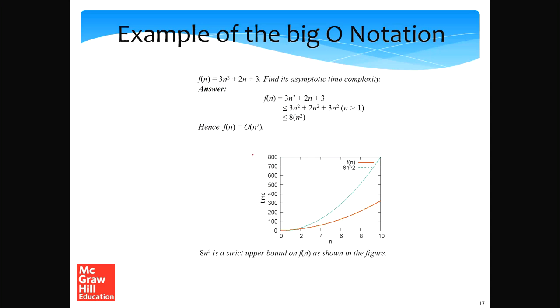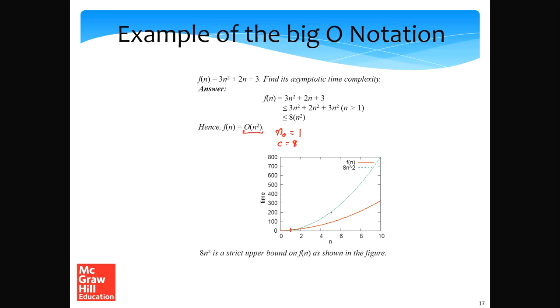So what can be said is that fn is actually order of n square, where the constant n0 is equal to 1 and c is equal to 8. So if we plot the graphs, we'll notice an interesting thing, that after this point 1, which will roughly be here, we can see that fn is clearly smaller than 8n square.